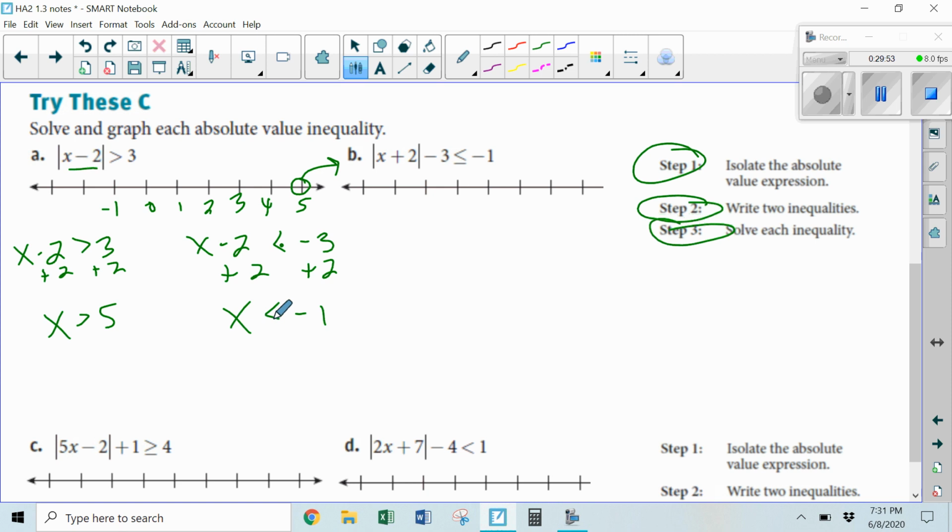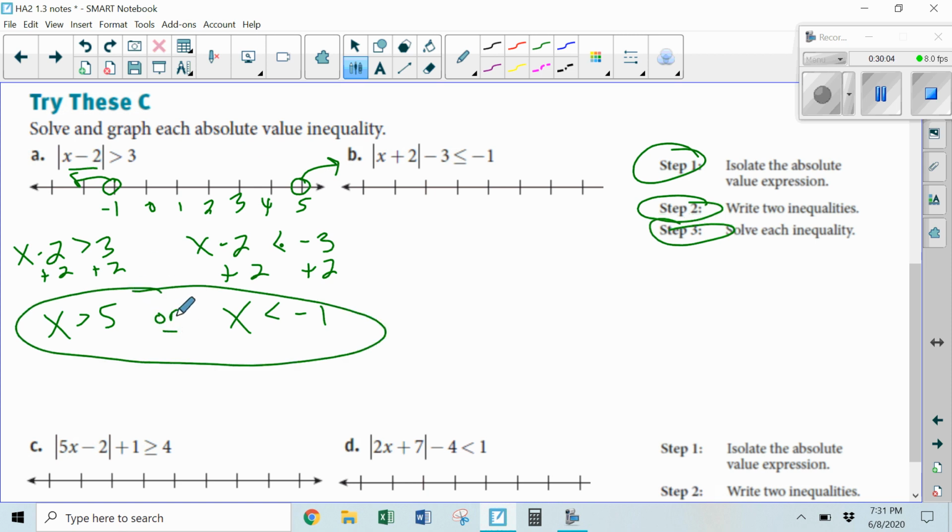X is less than -1. Here's -1, and these are the numbers less than. These are two separate statements, so I leave these separate, and I can write the word or in the middle. To check my work, I could pick any number bigger than 5, plug it in. Pick any number smaller than -1, and it should work when I plug it in. Let's try another one.